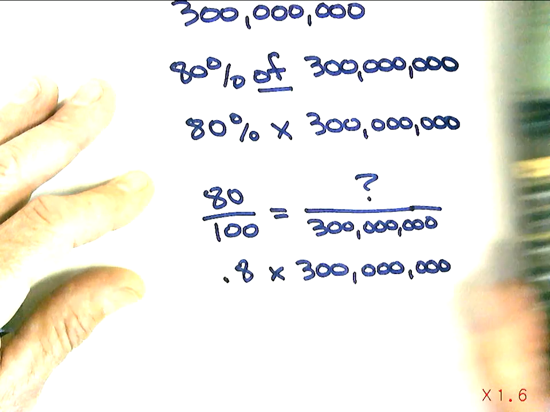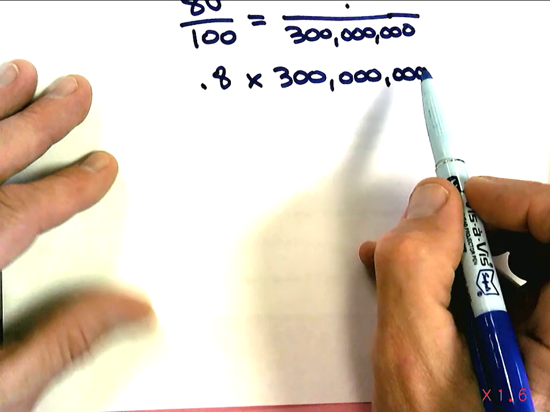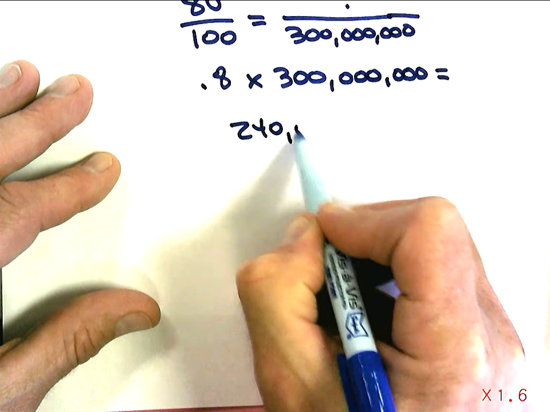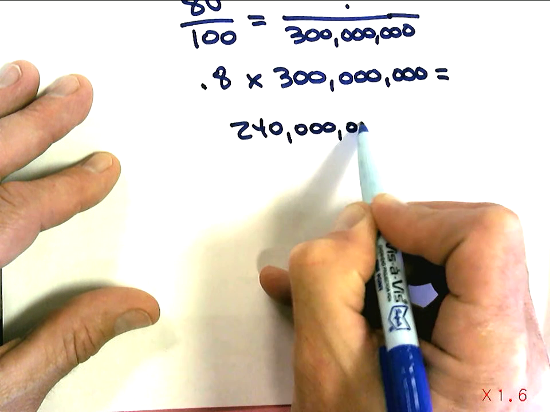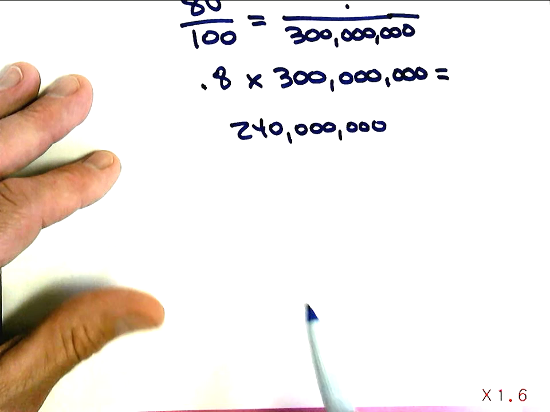So I can save myself some zeros and know that when I do this calculation, this is equal to 240 million. So the answer is 240 million people out of 300 million, 80%.